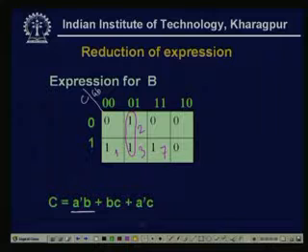Now, for this couple it will be A dash C. So, for this couple A dash C. Now, for this couple it will be BC. So, A dash B plus BC plus A dash C.